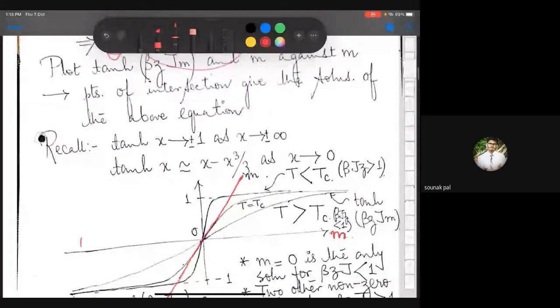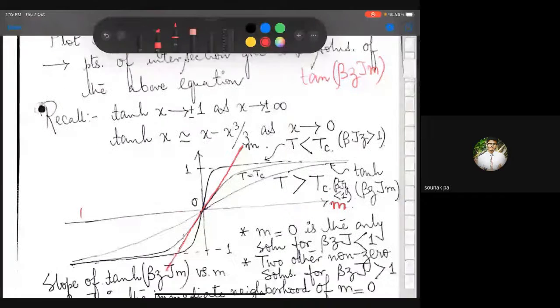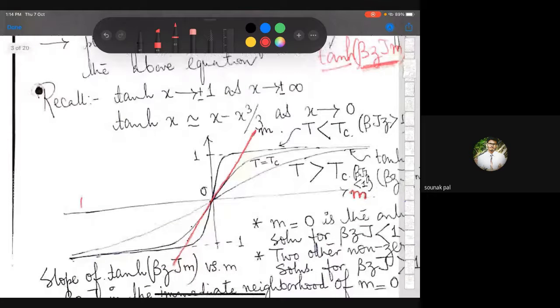And tanh(beta Jz m) as a function of m, what does it look like? Well, I know the tanh function has this property. When the argument goes to plus infinity, tanh should go to plus 1. And when the argument goes to minus infinity, tanh should go to minus 1. So therefore, I have this one.